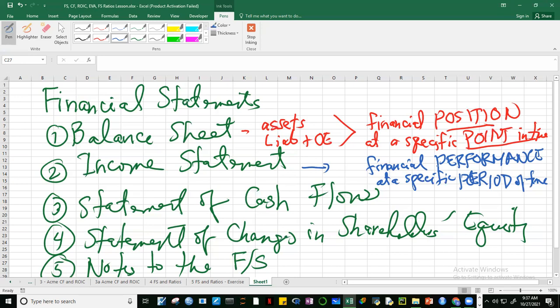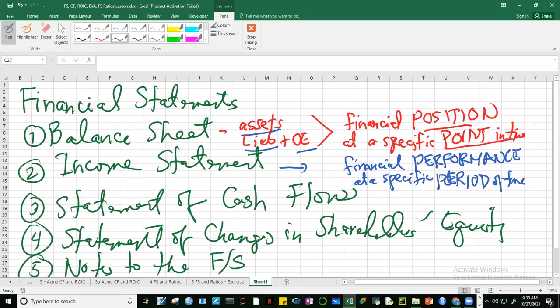Okay, so this is just a review, guys, of your financial statements which you had in your accounting subjects. So you're correct. In the balance sheet, we can find the assets, the resources owned by the firm, and how these assets are financed: liabilities and equity. On the other hand, the income statement gives us the revenues, the expenses, the operating profit, and the net profit of the firm for a specific period of time.